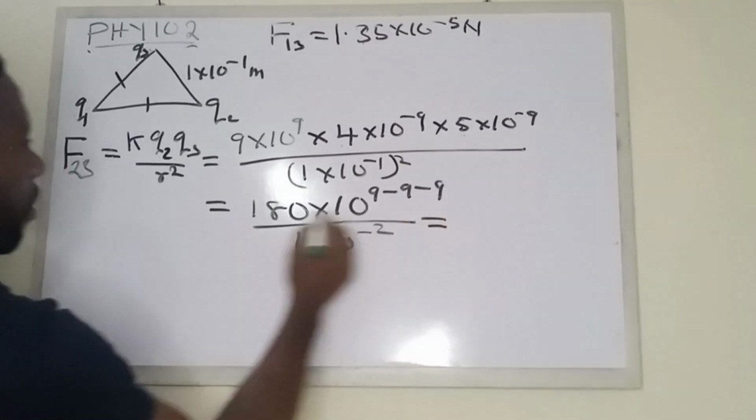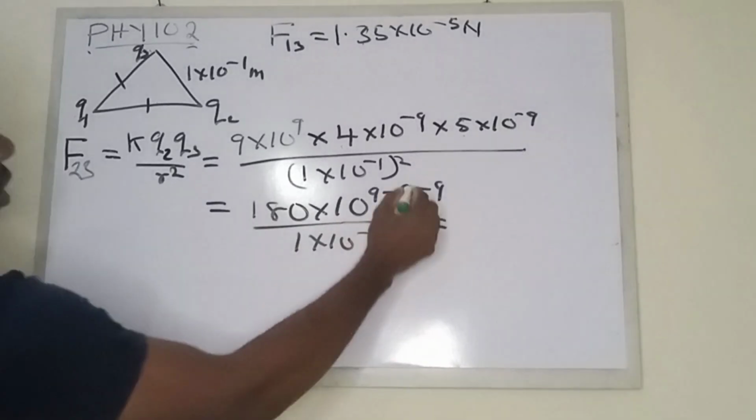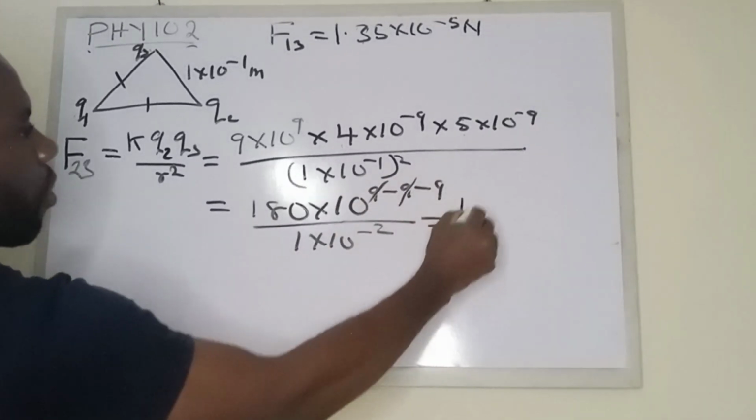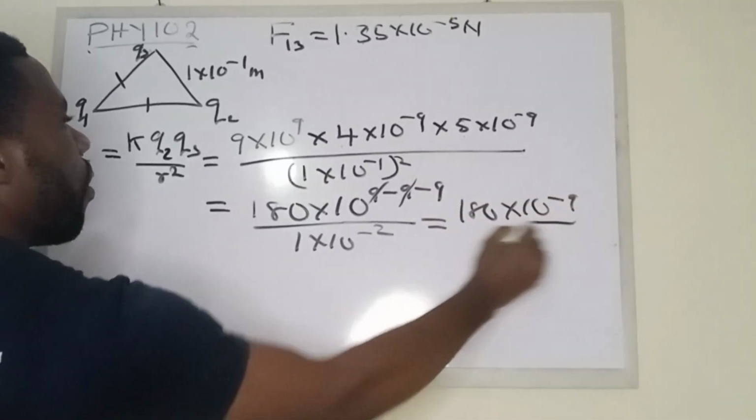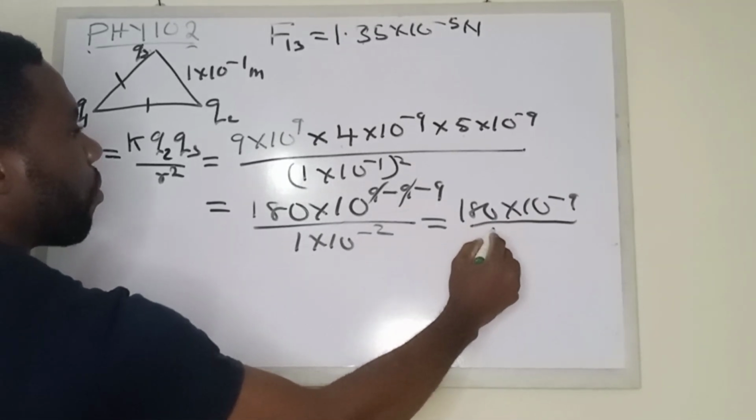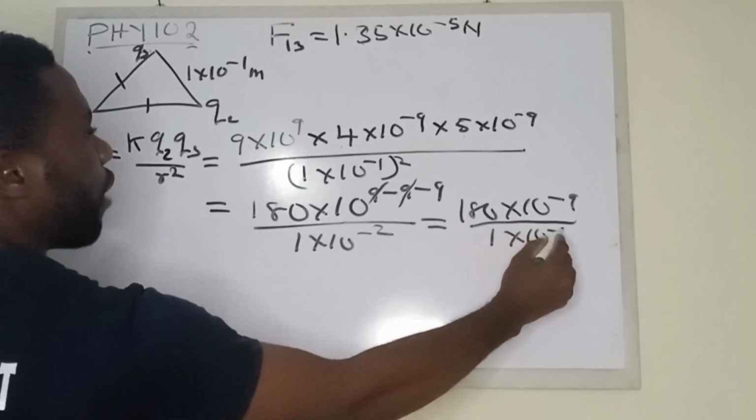And when we do this, we cancel this, we have 180 times 10 raised to the power of minus 9 all over 1 times 10 raised to the power of minus 2.